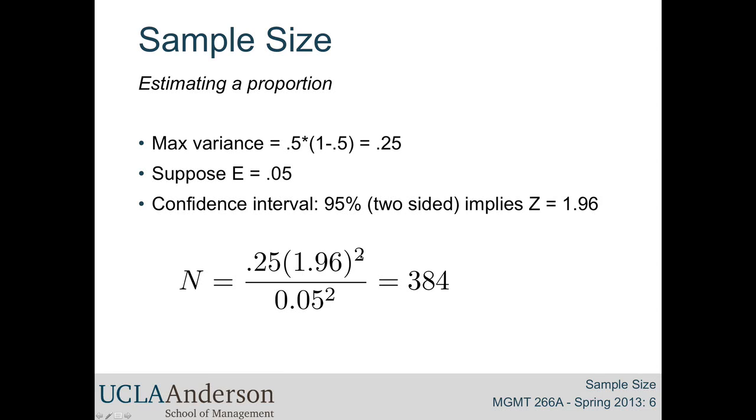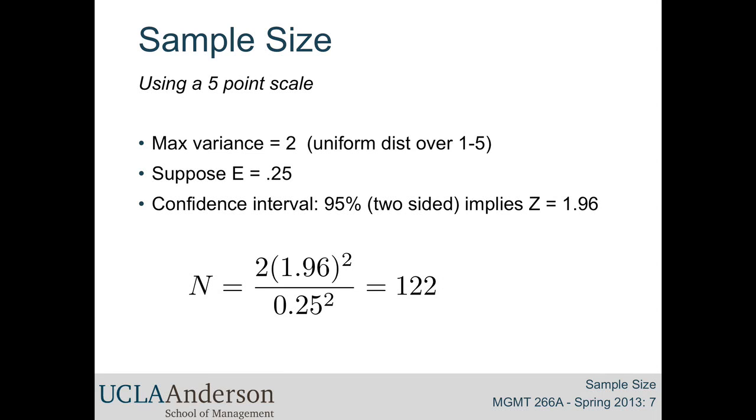Here's my Z squared, and here's my variance, sigma squared here. That's the maximum variance. And I get an n of 384. So if I use a sample size of 384 or larger, I will ensure the sample proportions are accurate to plus or minus 0.05 or 5% for any population. So that's actually something that's quite usable.